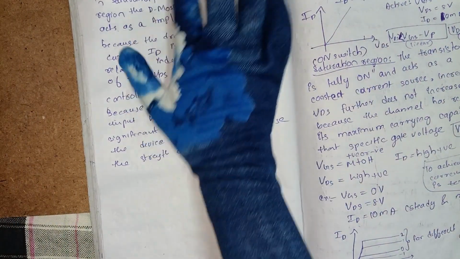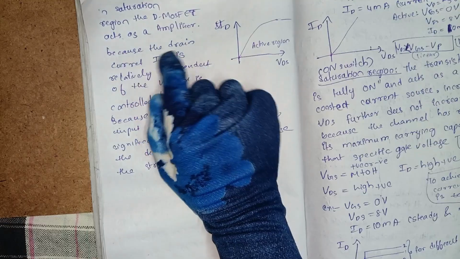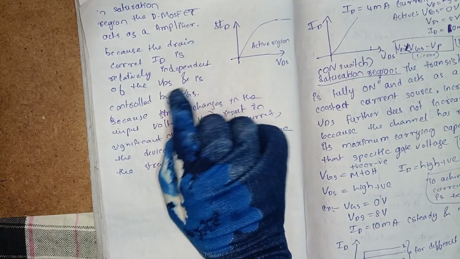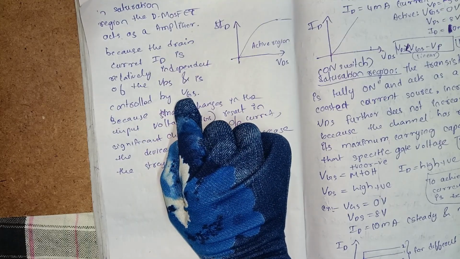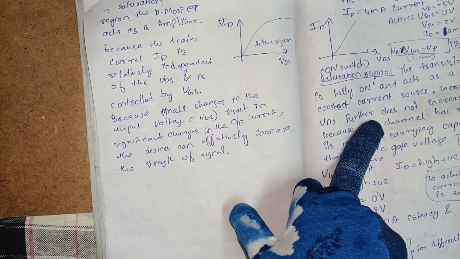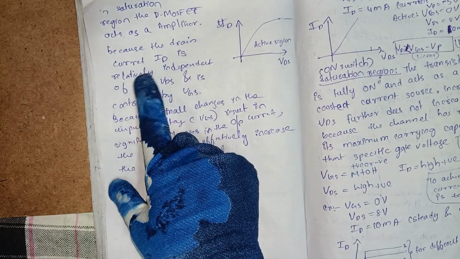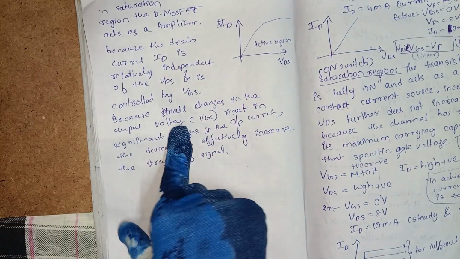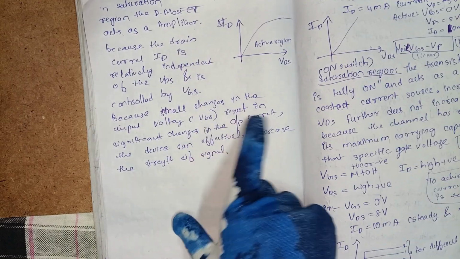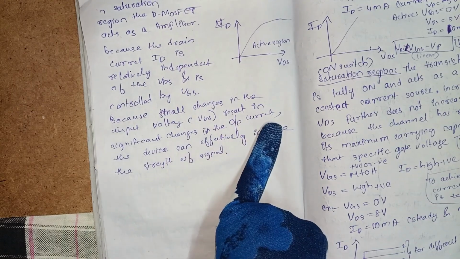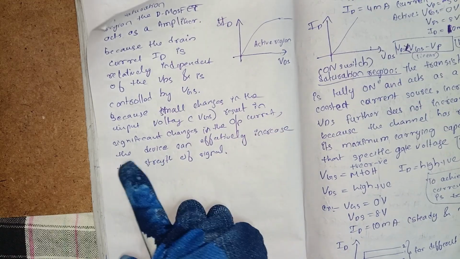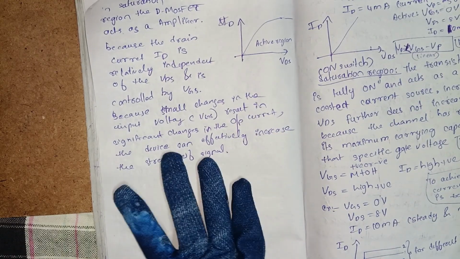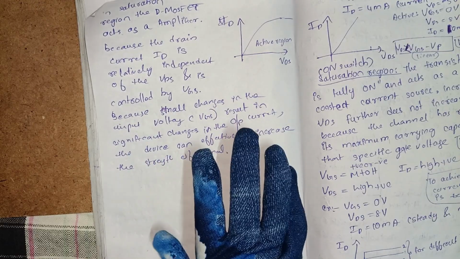In the saturation region the DMOSFET acts as an amplifier, because the drain current ID is relatively independent of VDS and is controlled by VGS, as we have discussed in saturation. Small changes in the input voltage VGS, the gate to source voltage, result in significant changes in the output current. The device can effectively increase the strength of the signal. So that's why it acts as an amplifier.